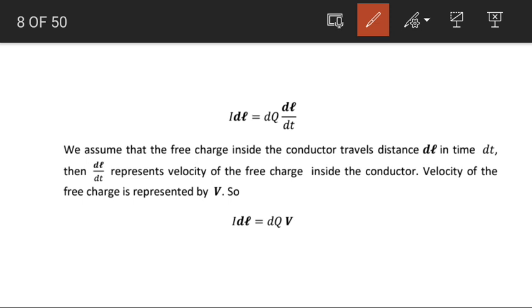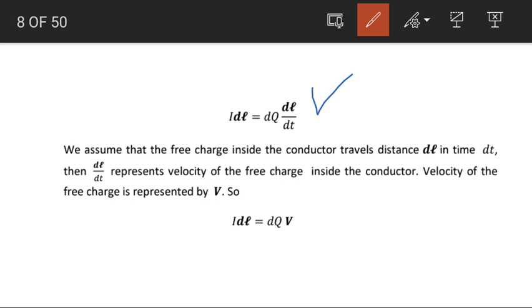And IDL will be equal to dq into dl by dt. We assume that the free charge inside the conductor travels distance dl in time dt.